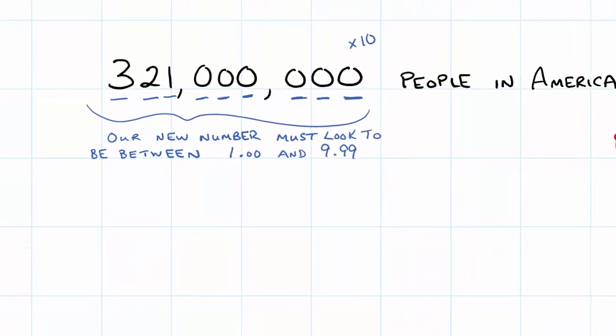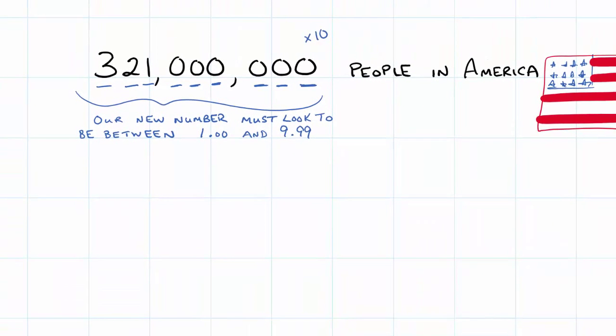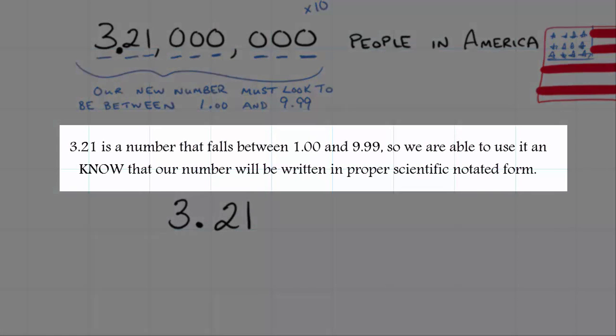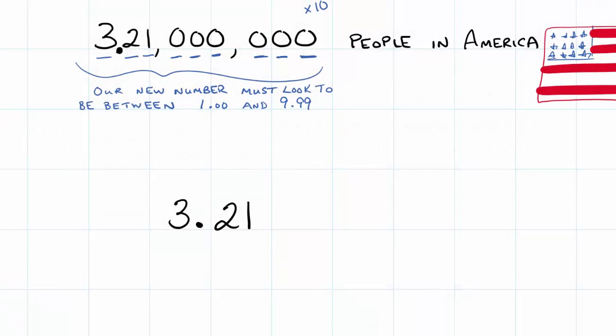Well, what I'm going to do is make this look like 3.21 by putting a decimal between the 3 and the 2. And now all I need to do is figure out, I've written my significant digits of 2 and 1, and I've got to figure out how many place values I shrank this number, because we've got to put those in storage, right?